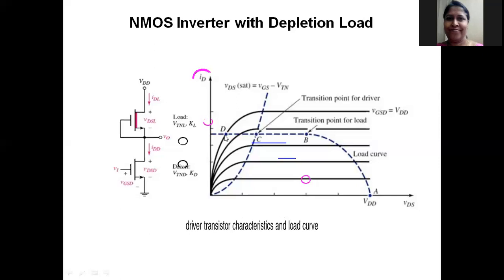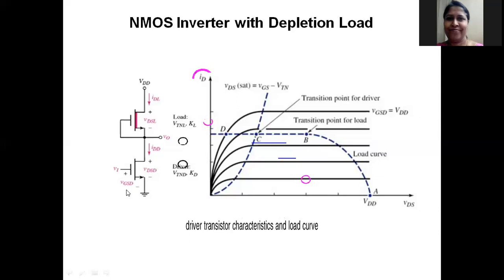So if you consider this point, the depletion device is in saturation, and the enhancement device is in the non-saturation region. So what is the input voltage? That is nothing but V in, and that is nothing but the gate source voltage VGS for the enhancement device.